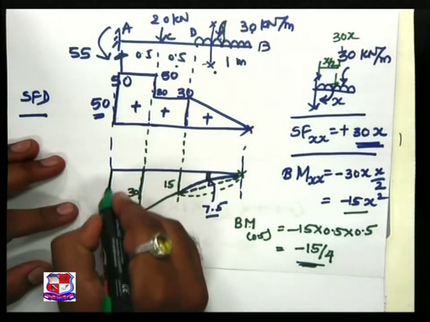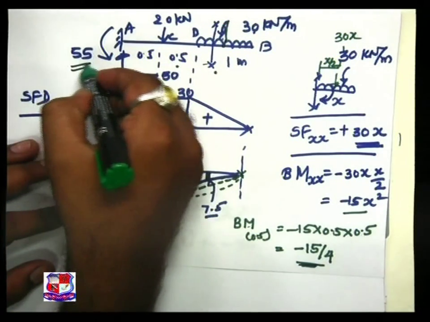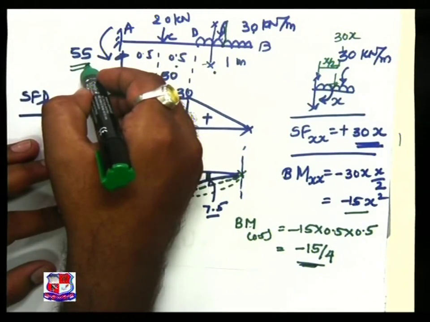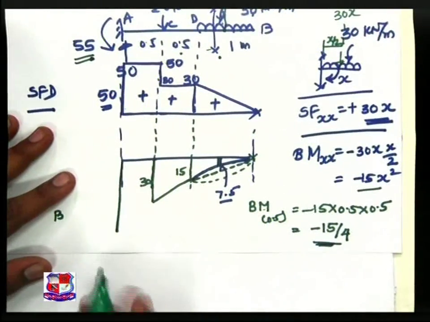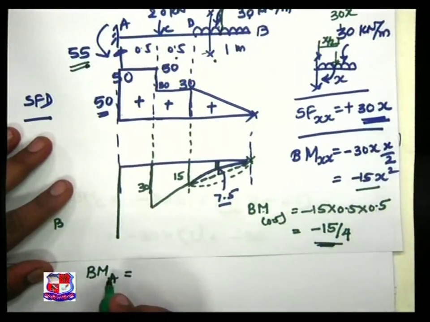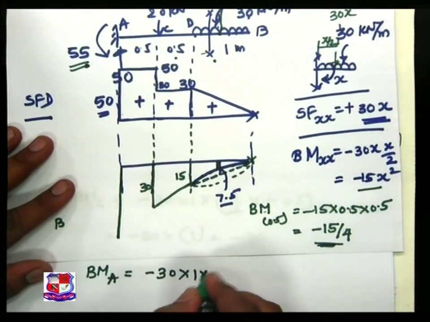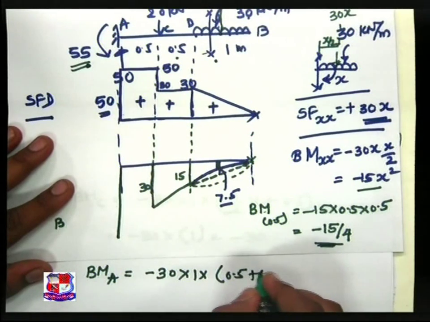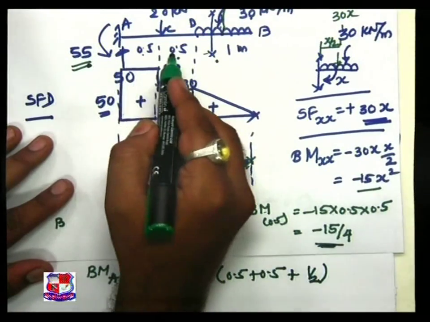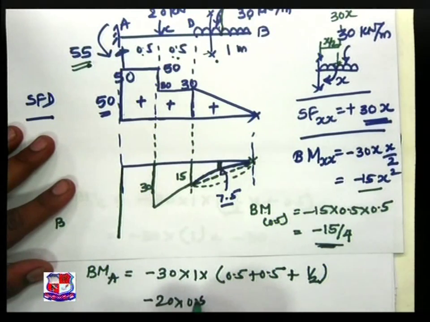Next over here at this section, the answer is definitely of magnitude 55. You can check it out by taking the same approach. Bending moment at A is equal to minus 30 into 1 into 0.5 plus 0.5 plus half, minus 20 into 0.5.